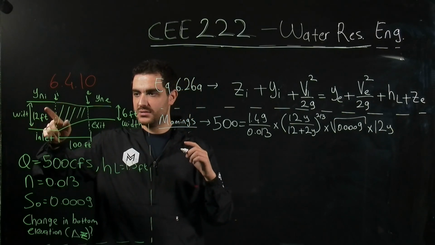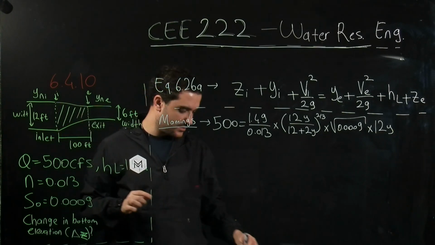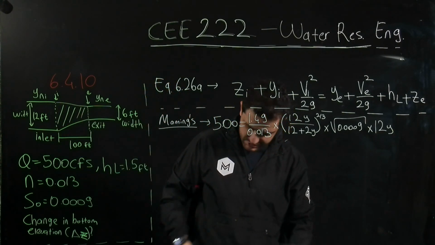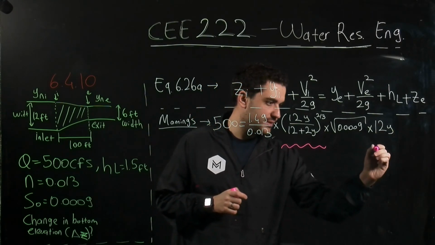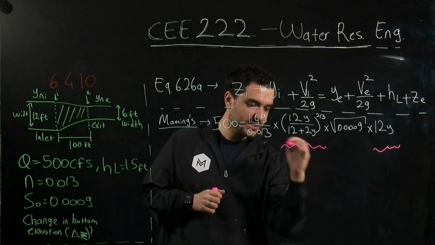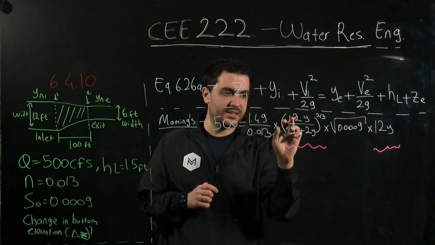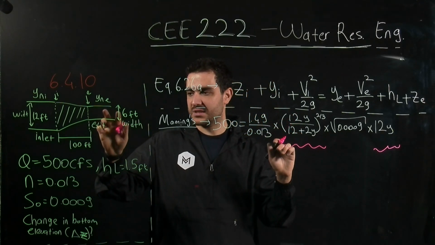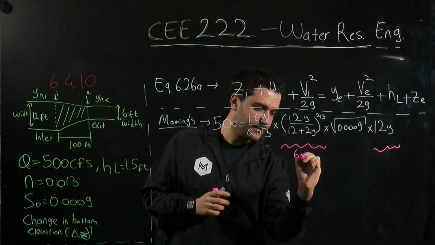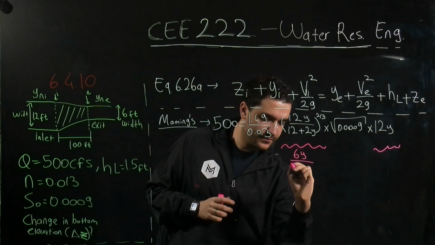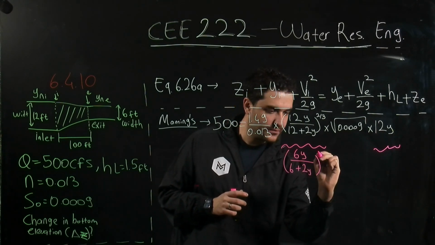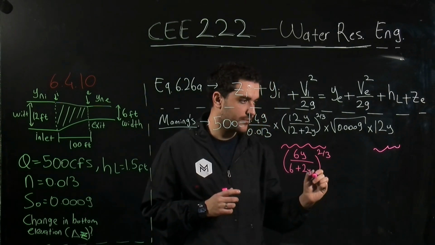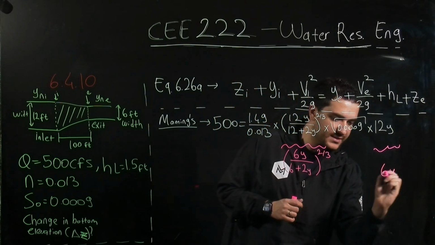For the second channel, which is here, we just need to change this part and also this part. The width was 13 and now this width will be 6, and also this will be 6y.